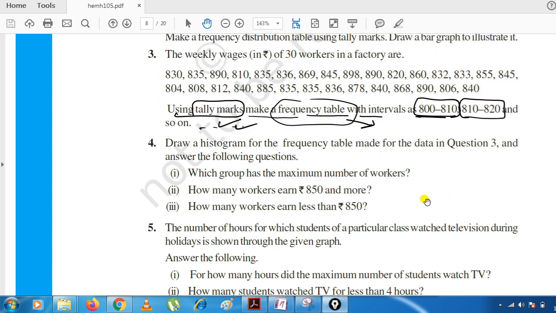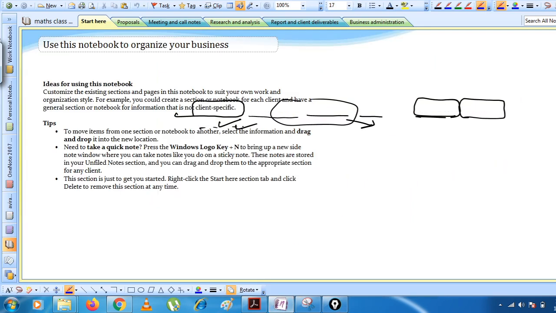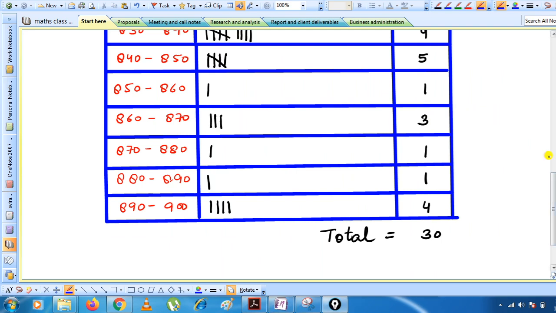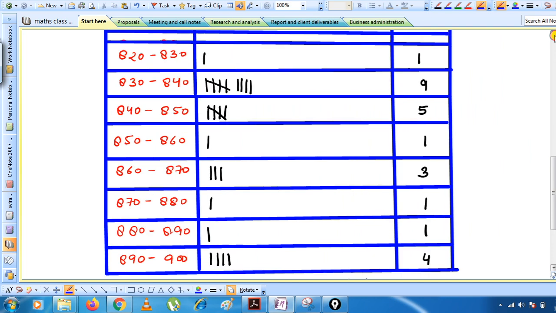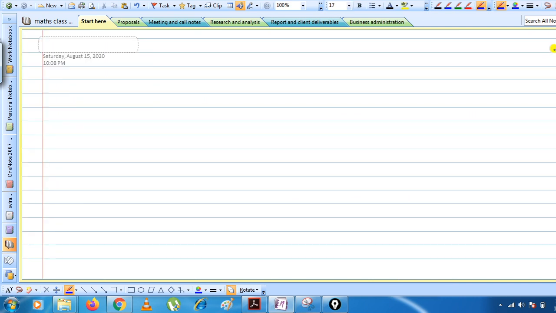For this, let me open my board. This is my board here, you can see. Tally marks I have already made here. I made a table with the help of tally marks, and I will help you understand how I made this table with the help of a paper.